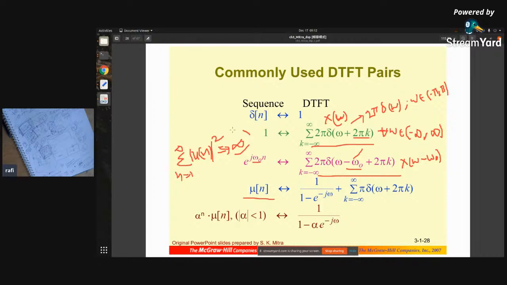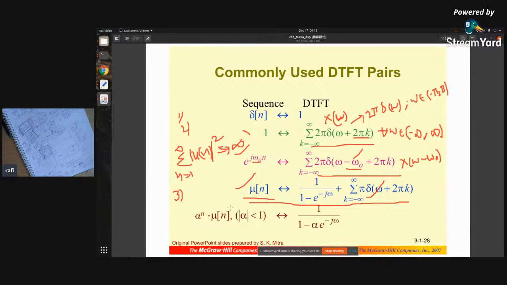That means this is not the first case of signal that is absolutely summable, nor the second case with finite energy. It is violating these two. For the third kind of signals like this, which are neither absolutely summable nor have finite energy, you can allow Dirac delta functions in the frequency domain, which practically do not exist, but for mathematical understanding we have this kind of signals.